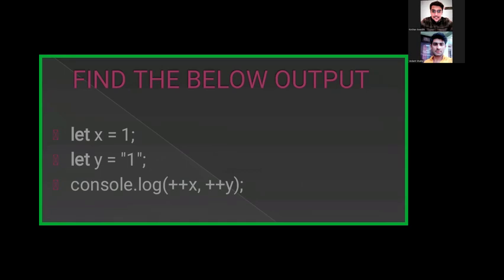Okay, so Keshav, the first logic that you told us is totally right. When x is equal to 1 over here, in the next part we are incrementing x from 1.